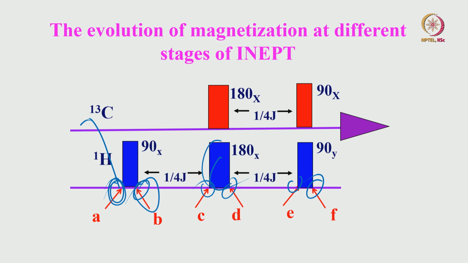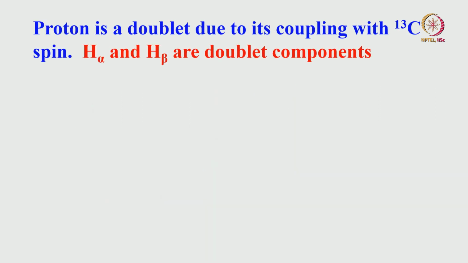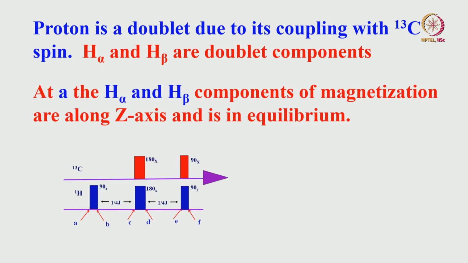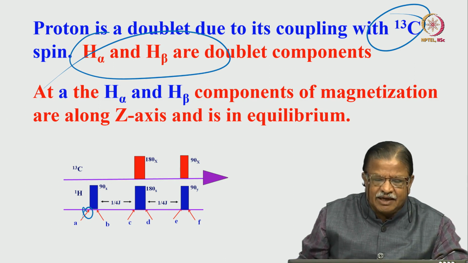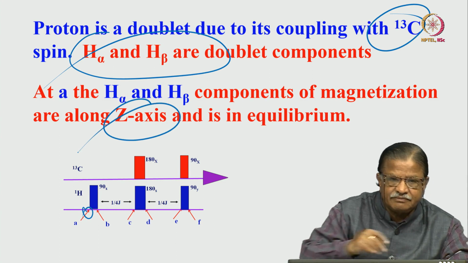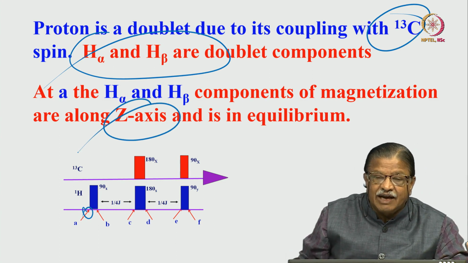You will flip by 90 degrees. Proton is a doublet due to coupling with carbon 13, and HA and HB are the doublet components. At A, both these components of the doublet are along the Z axis and in equilibrium.